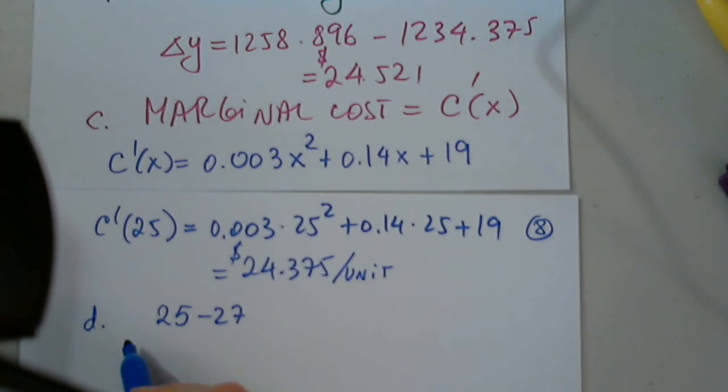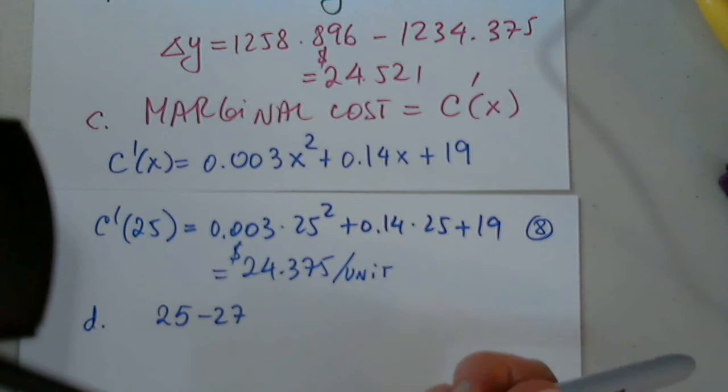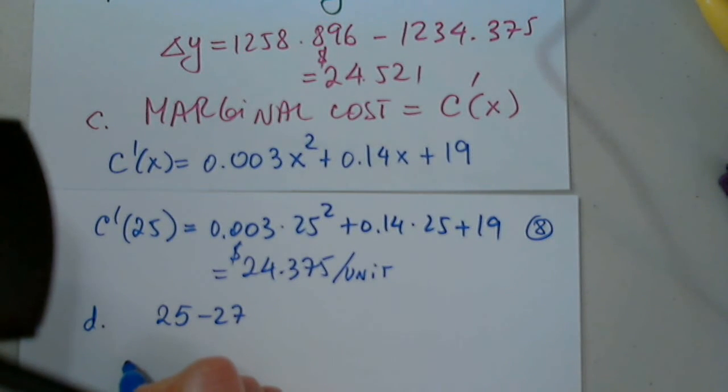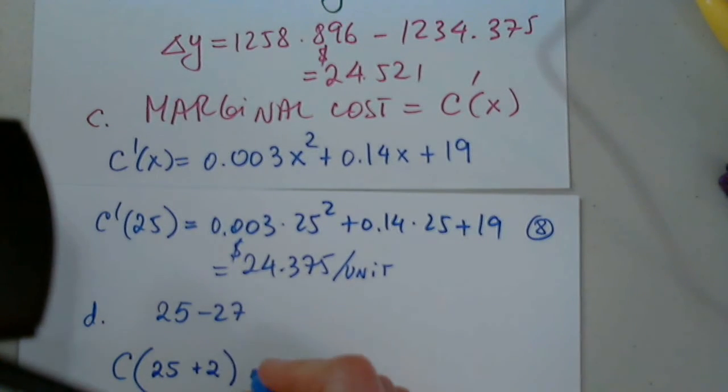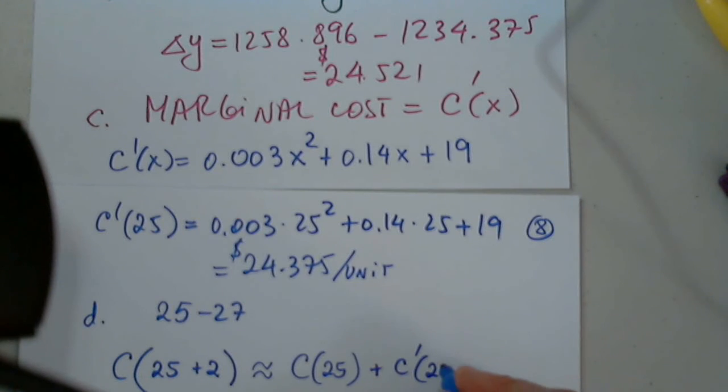We are looking at, like before, that's why I did the differentials first. So this is basically the cost from 25 to 27, so this will be 25 plus 2, which is approximately the cost of 25 plus the cost prime at 25 times 2.